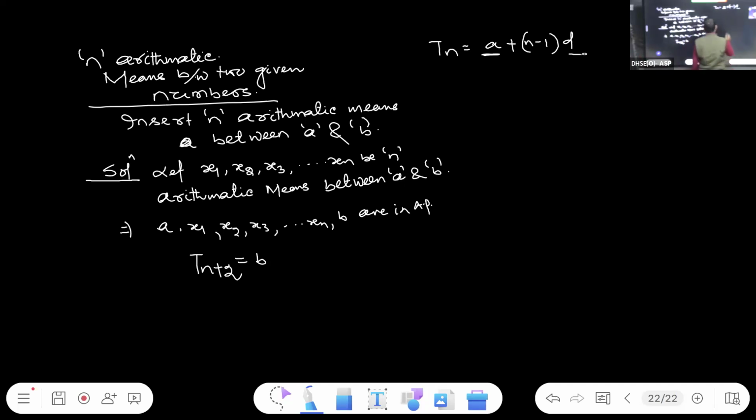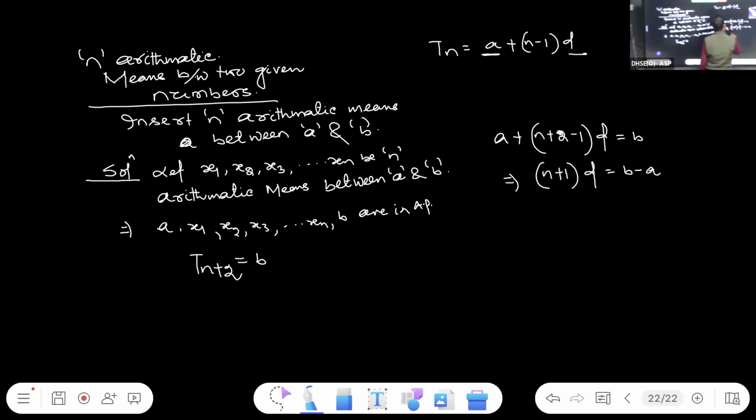So T n plus 2 is A plus n plus 2 minus 1 into D is equal to B. So this implies n plus 1 into D is equal to B minus A. So D is equal to B minus A upon n plus 1.